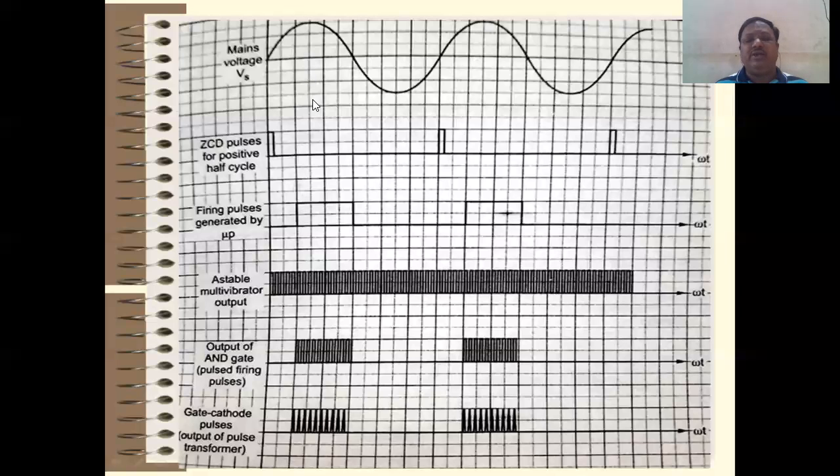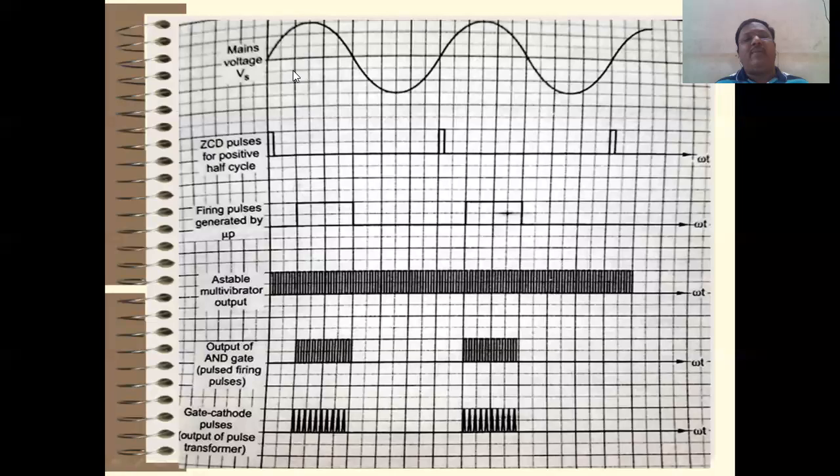If you see here in your figure, this firing angle is approximately equal to 60-degree, because there are total 1, 2, 3, 4, 5, 6 divisions. Total is 180. So approximately one division is equal to 180 divided by 6, right?